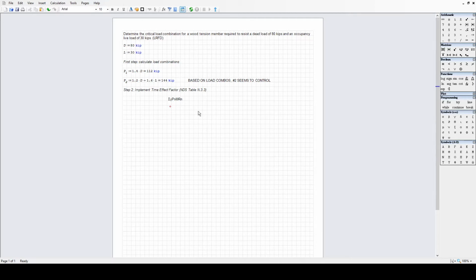So what really matters here, the key to remember, is that baked into the nominal resistance is the time effect factor.